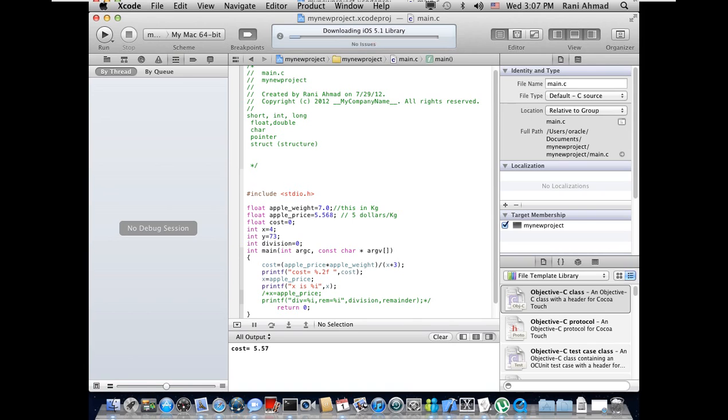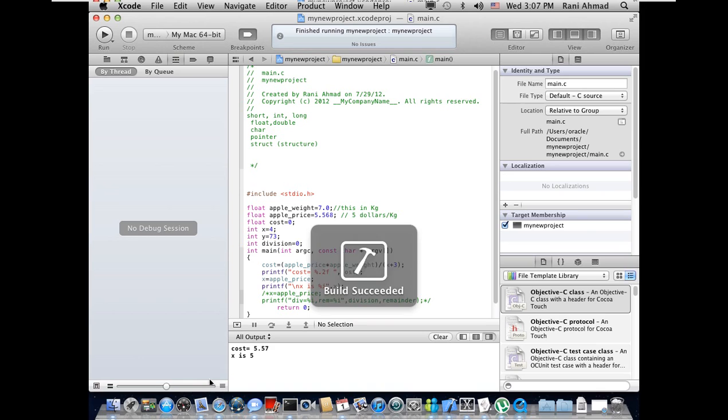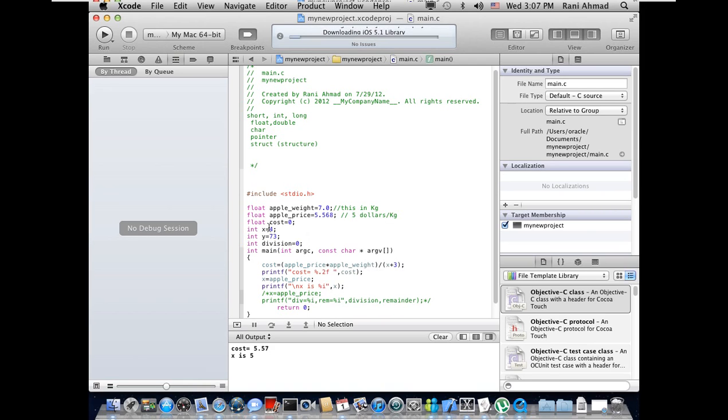So here, if I run this, you will see x. By the way, I must put a \n here so I can break the line, and see x is 5 and x was 4. Now you give it 5 point something, but x doesn't take floating numbers, doesn't take decimal parts, only the integer part, so I get 5.